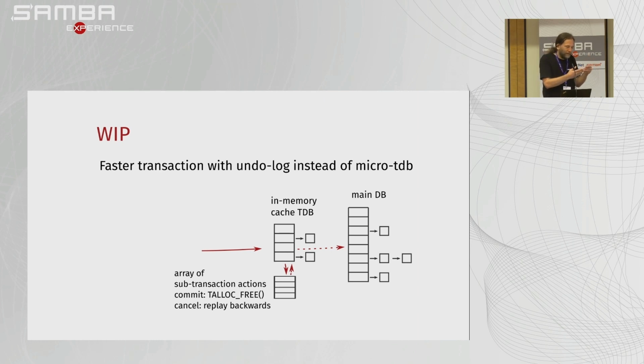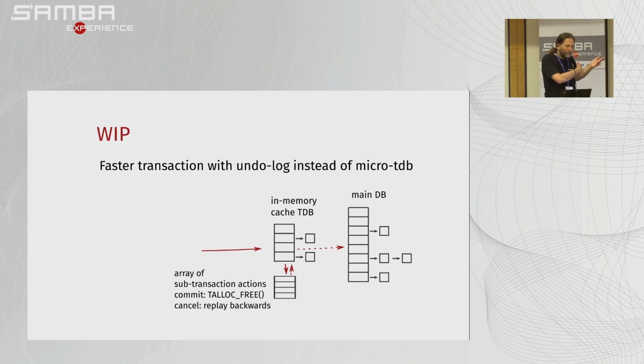So in the sub-transaction, you do one thing, do another thing, usually only doing two things at the most, but you just write down what you've done in your in-memory cache, and then if you want to cancel that sub-transaction, you just replay that log backwards, so you just undo what you did.